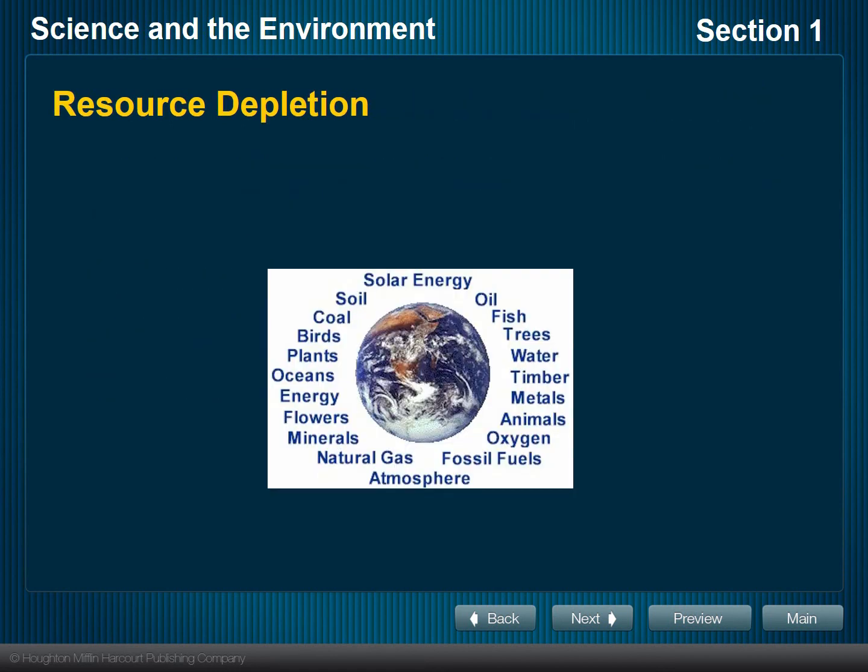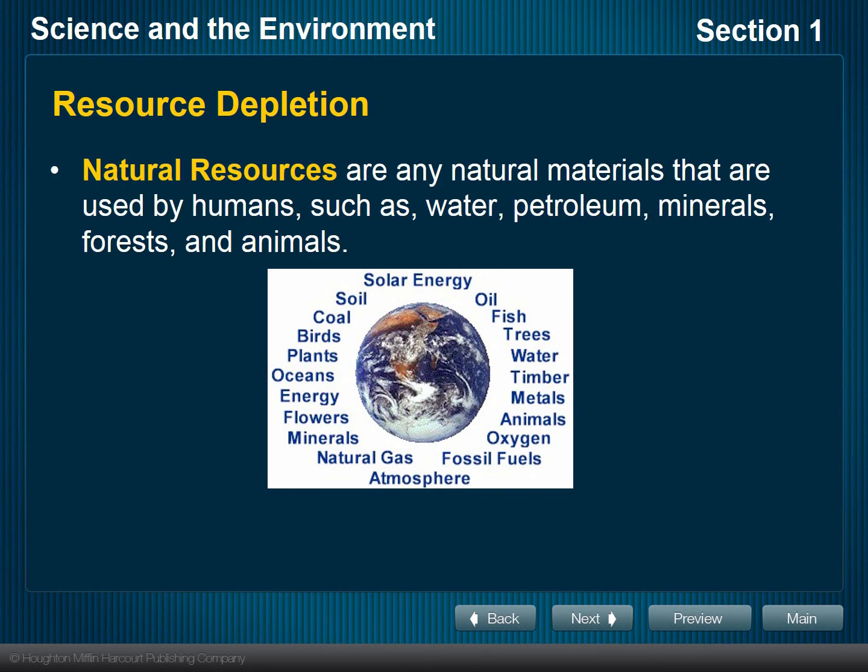Let's review a little over what a natural resource is. A natural resource is any natural material that is used by humans, such as water, petroleum, minerals, forests, and animals.